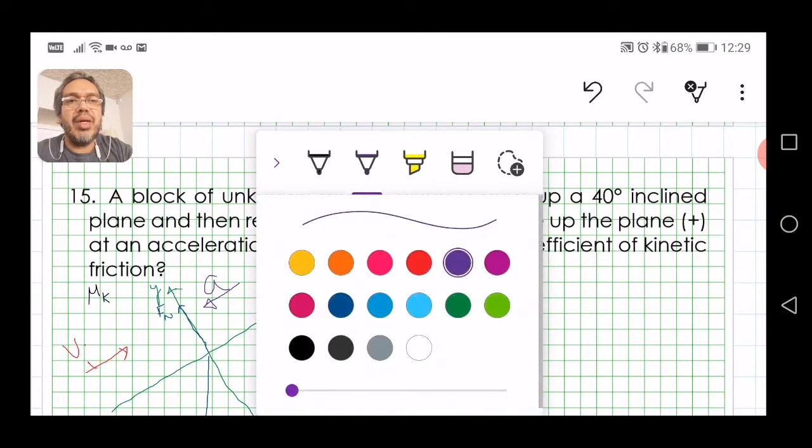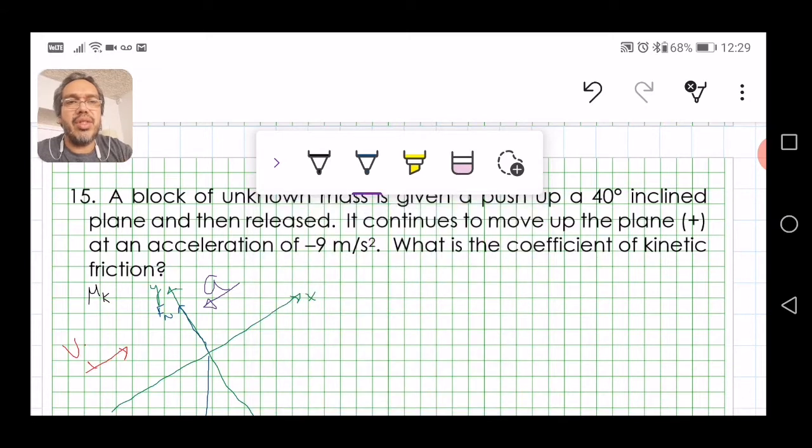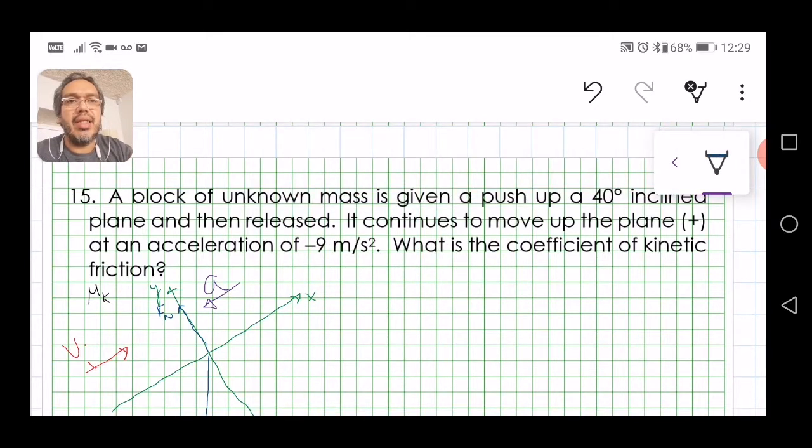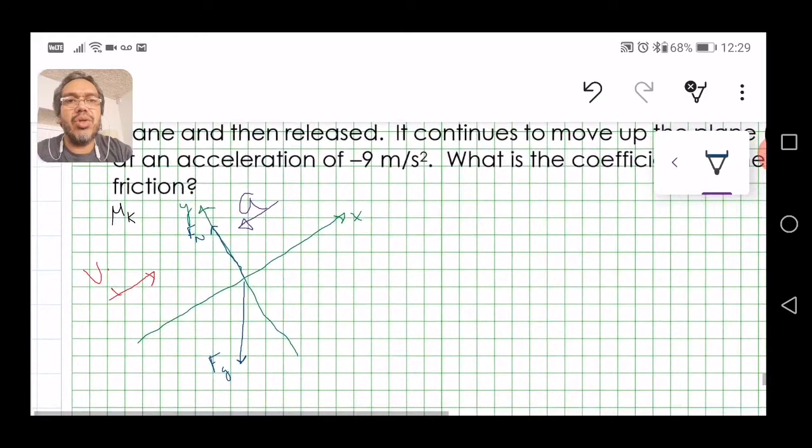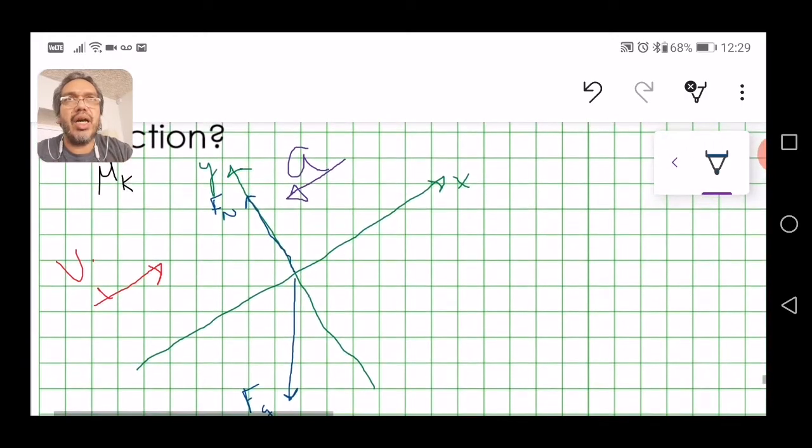But when you talk about the forces, then given that there is a friction, you need to decide whether the friction is up the plane or down the plane. And the one thing that you have to take into consideration is that the direction of friction depends on the direction of motion, not the direction of acceleration. The object is moving up the plane, therefore your acceleration is down the plane.